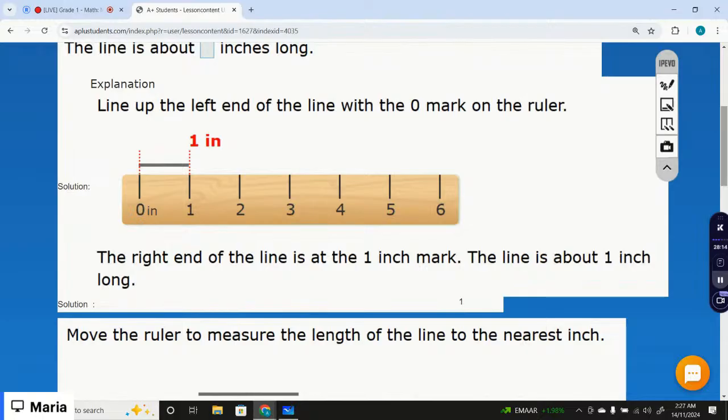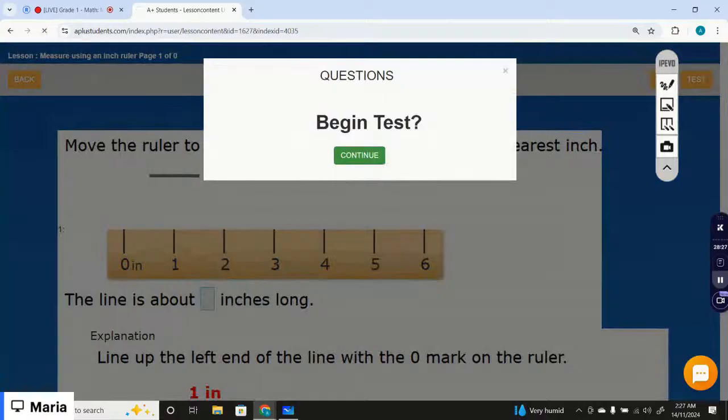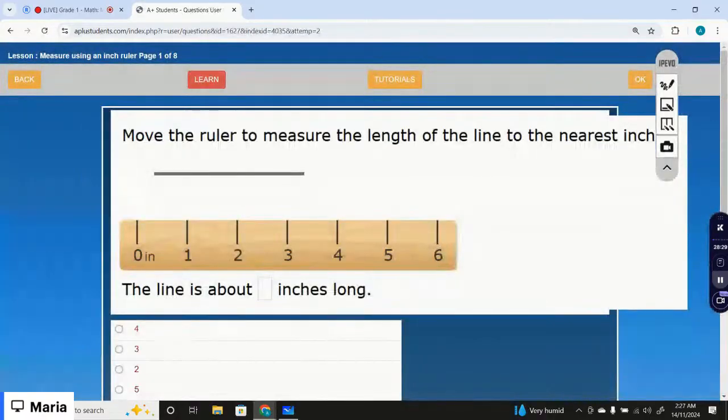So the left end starts with zero and the right end ends with 1 inch. So that means the length of the line is 1 inch. Let's just start with the test questions.